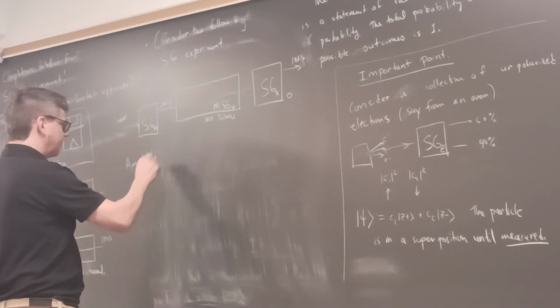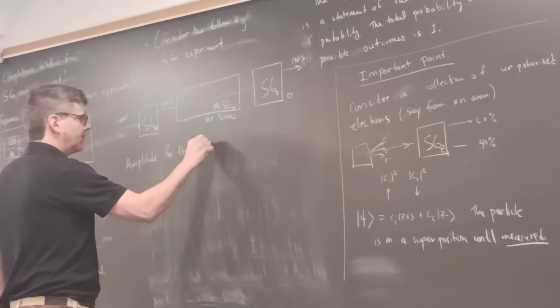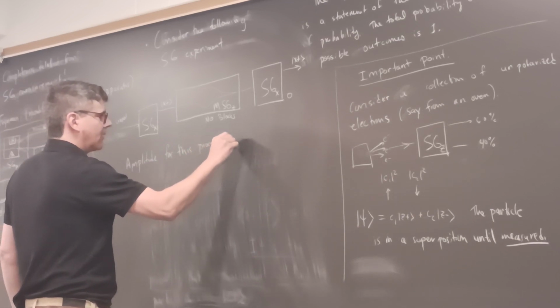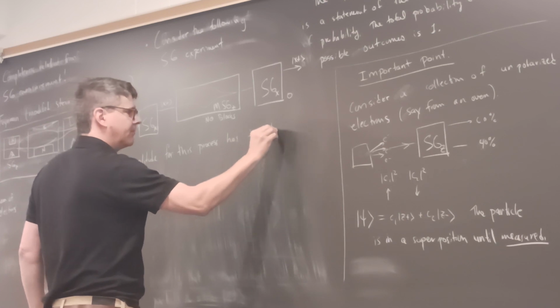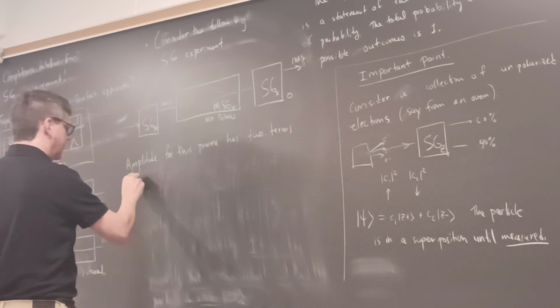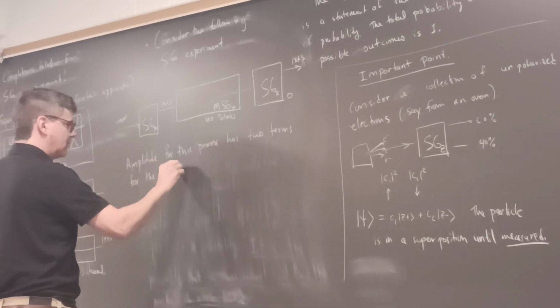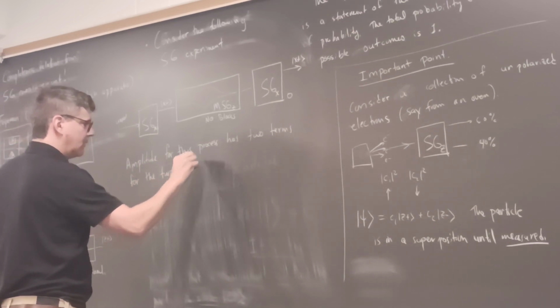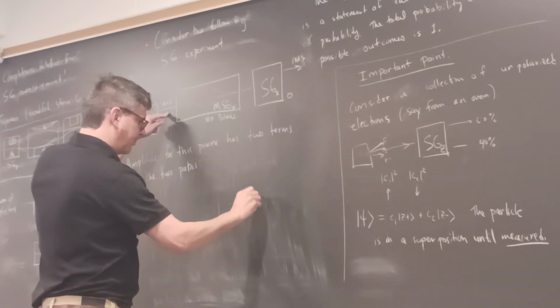Okay? So we can calculate the amplitude for this process. So there are two terms for the two paths. Okay, so we're starting here at X plus.